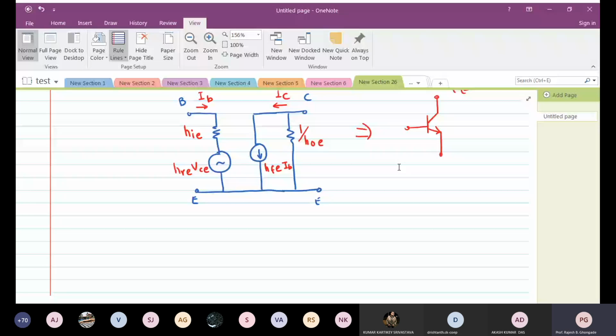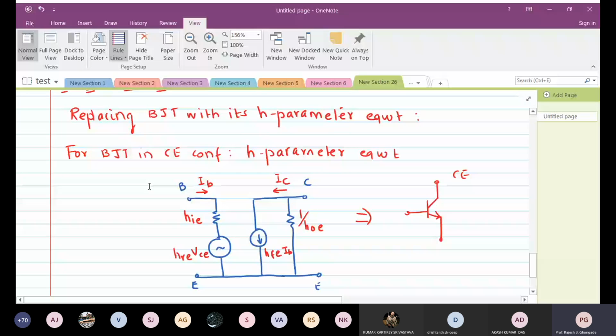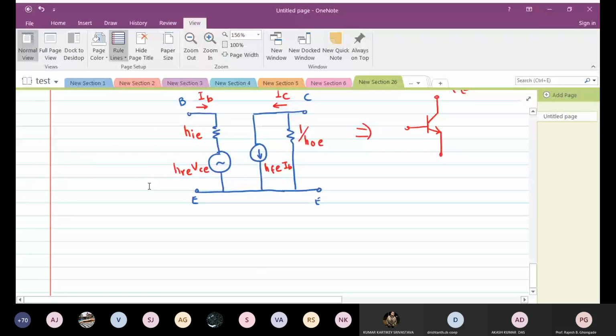When the transistor is in common emitter configuration, you can represent the transistor in terms of these four components. What are they? This is the input resistance, the input impedance of the device. Then you have this part, which is nothing but feedback. Some part of the output, where the output is VCE, does get reflected at the input, and that parameter we call HRE into VCE.